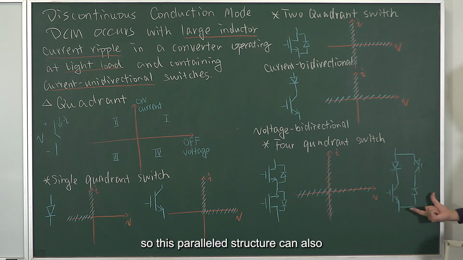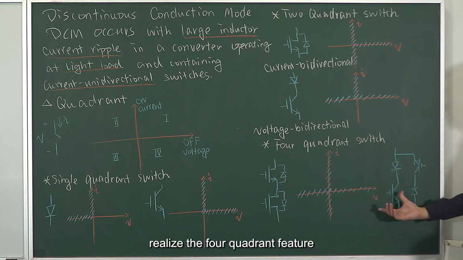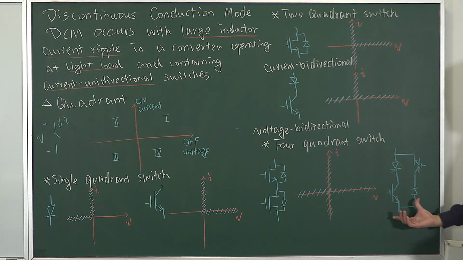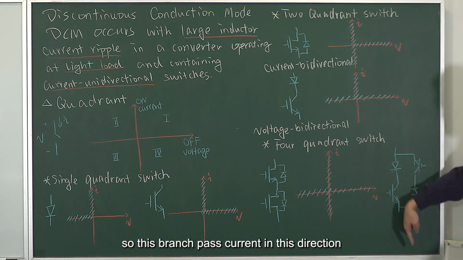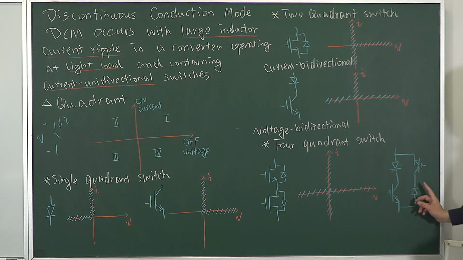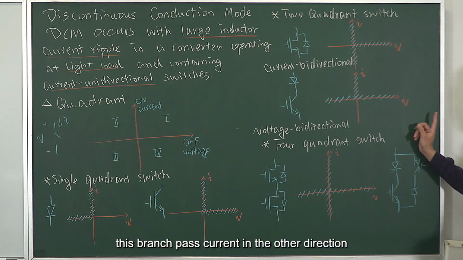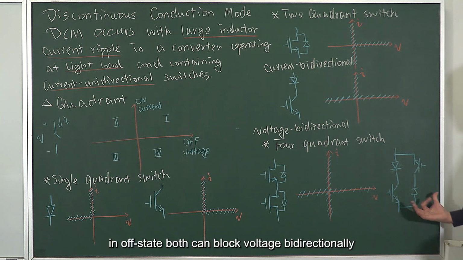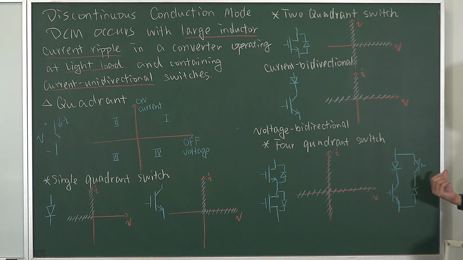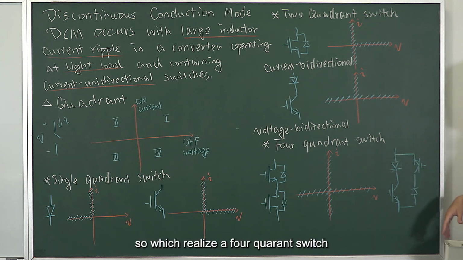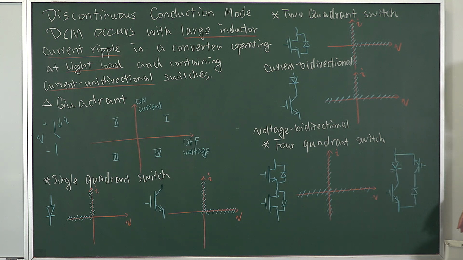This parallel structure can also realize the 4-quadrant feature. In the on state, this branch passes current in this direction, and this branch passes current in the other direction. In the off state, both can block voltage bidirectionally, which realizes a 4-quadrant switch.